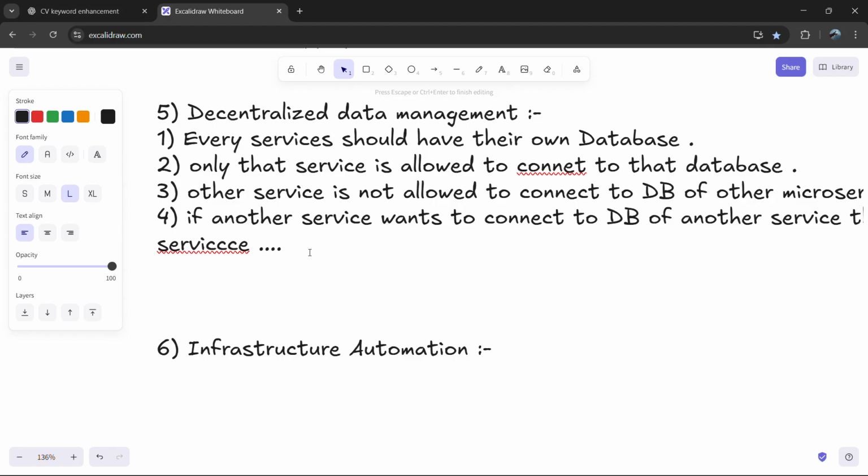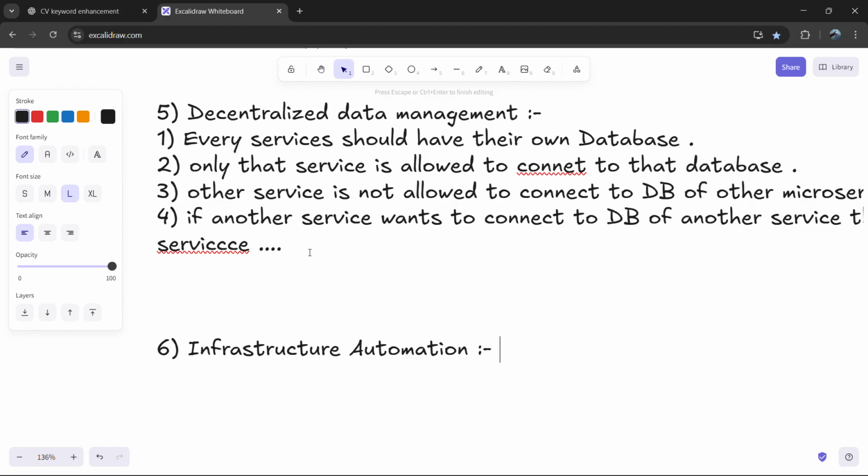That is why the principle of infrastructure automation is used. It means that tasks like setting up services, deploying applications, scaling them up or down, and monitoring their health should be automated. Tools like Docker, Kubernetes, Jenkins are commonly used for this purpose.